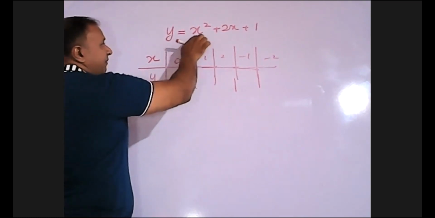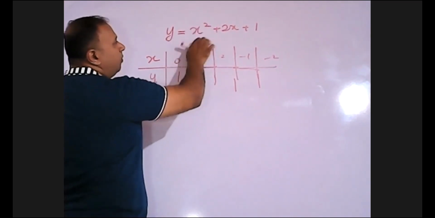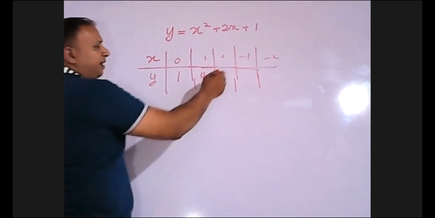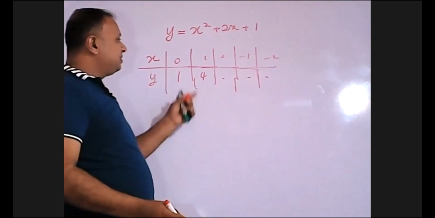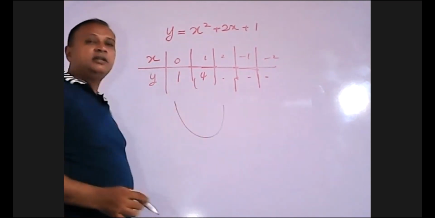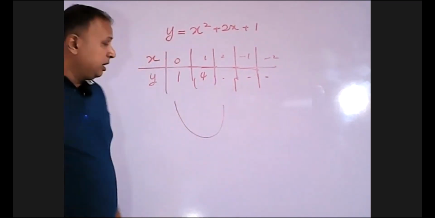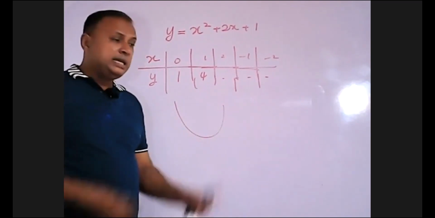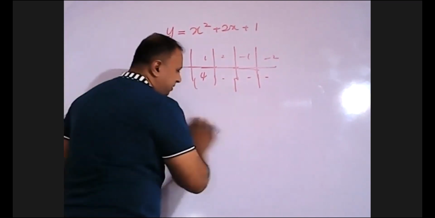When x is 0, y is 1. When x is 1, y is 4. Likewise, you can fill this table. Once you fill this table, then you can draw the graph. This is the way of drawing a graph using your earlier knowledge. Same thing we can do here.